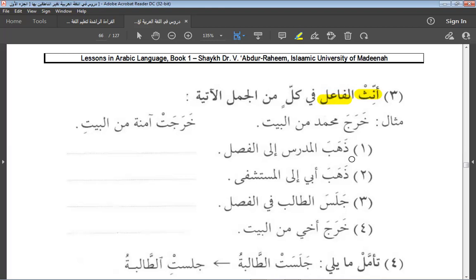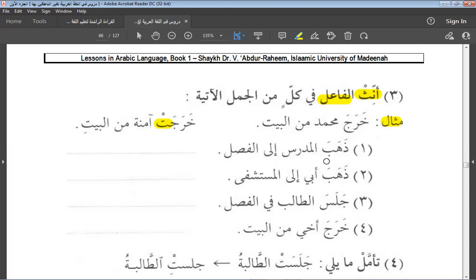Make the fa'il mu'annath. So we have the example, مثال, خرج محمد من البيت. Muhammad went out of the house. It says خرجت آمنة. خرجت آمنة من البيت.